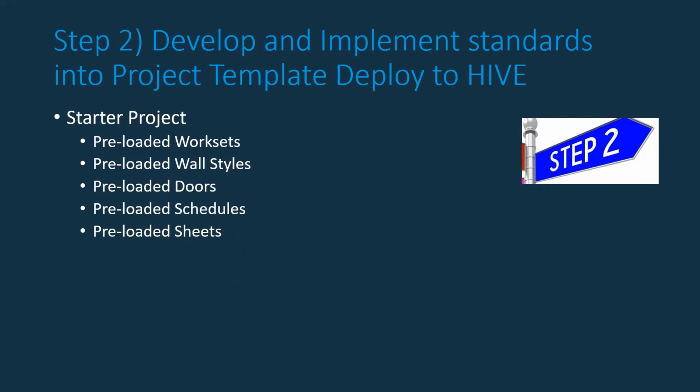Let's get those things preloaded and set up so that we're taking advantage of this. The reason we want to do this is we want to leverage this through our Hive management content so that we have that central repository for our team to go get to.